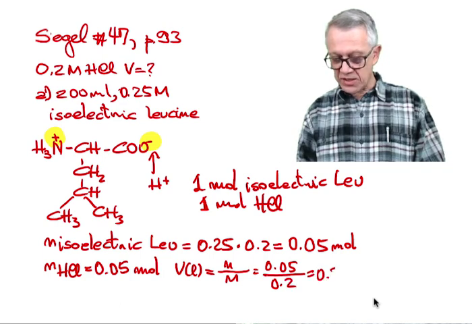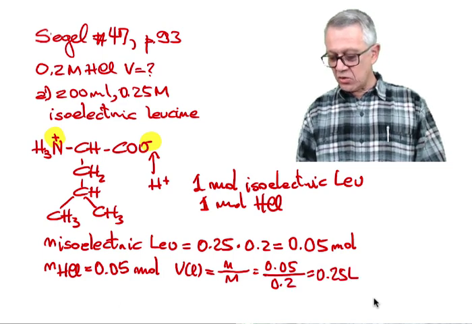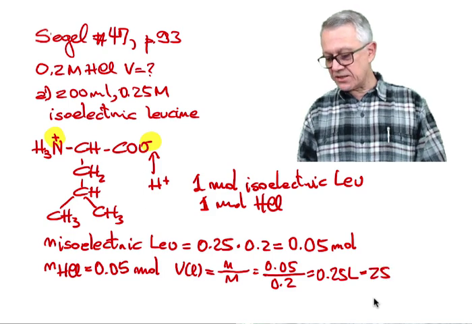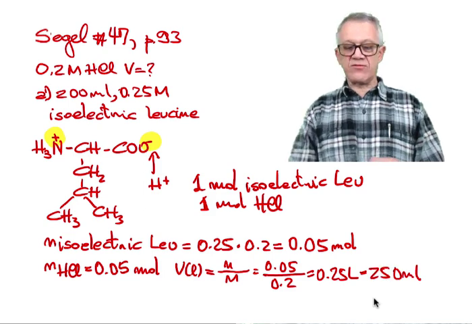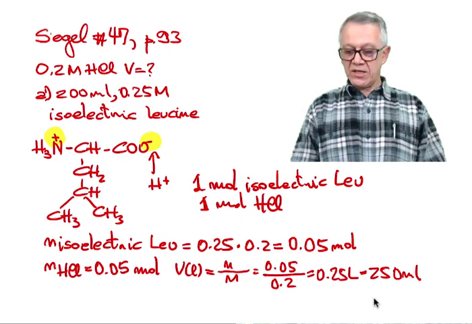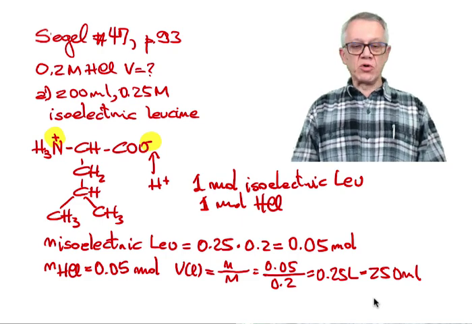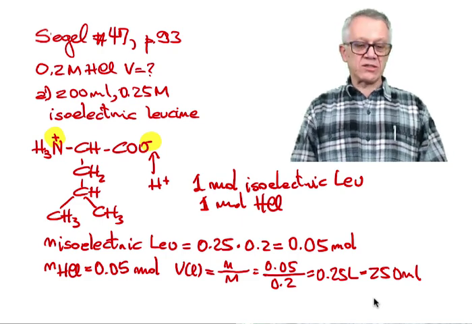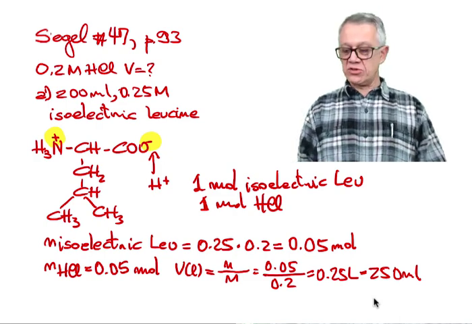So this would give 0.25 liters, or 250 milliliters of 0.2 molar HCl to completely titrate that solution of lysine.